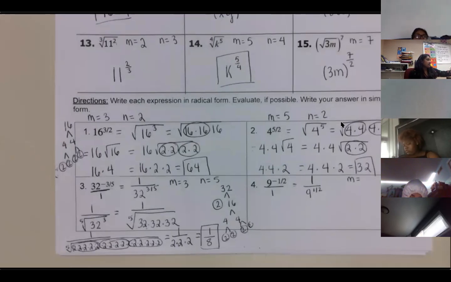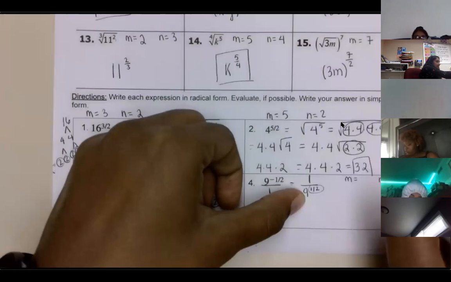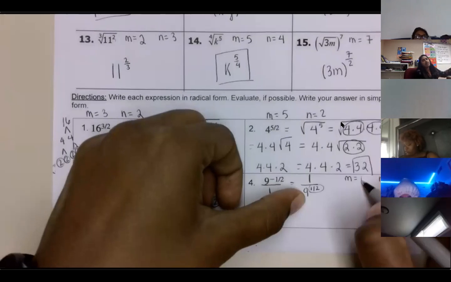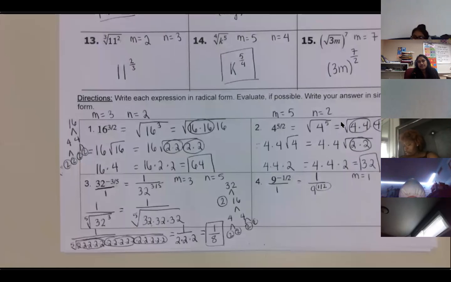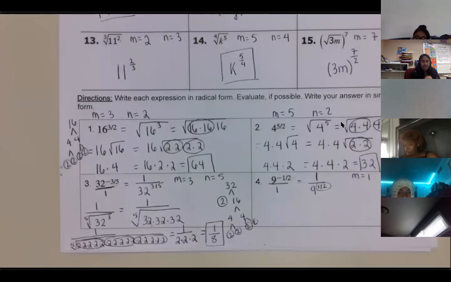So the denominator is always your N, the numerator is always your M. So for 9 to the 1/2, you just look at the 1/2, right? The denominator is 2, so that's your index, and the numerator is 1, so that's your M. Does that make sense, Liana? Yeah, I mean, I keep getting them mixed up. Yeah, I think you keep switching them. So just remember, denominator is the N, numerator is the M.